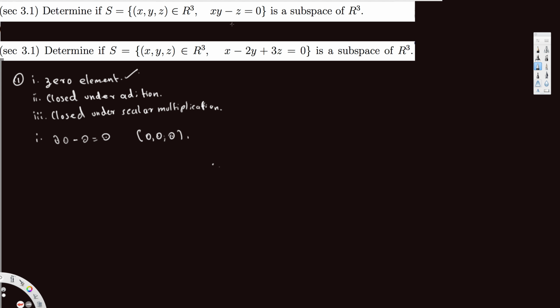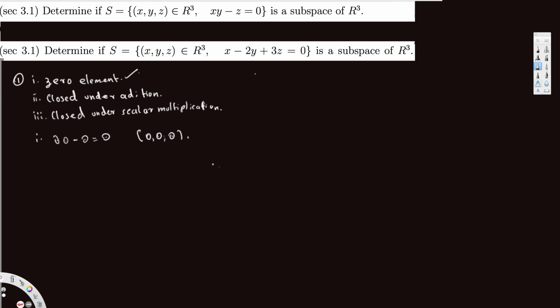There are two ways to do this. In this case I know this is not satisfying, because let's pick a value that gives us 0. So let's say 1, 1, 1. This basically means the multiplication of the first two values minus the third value should give us 0.